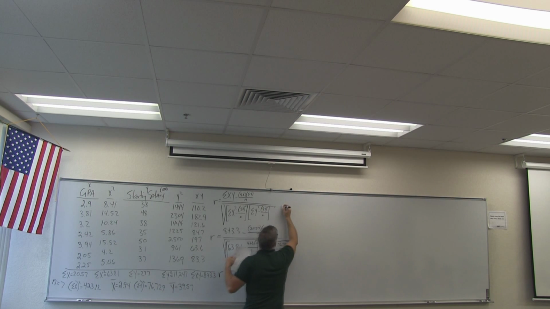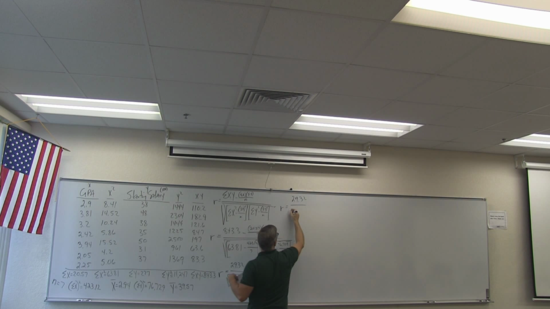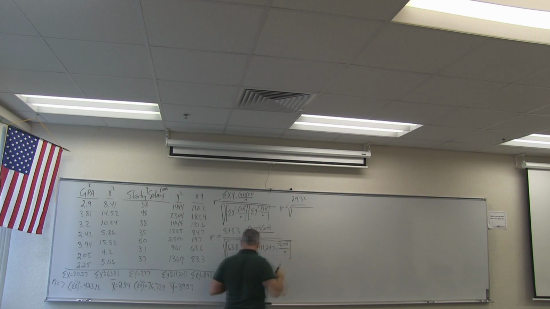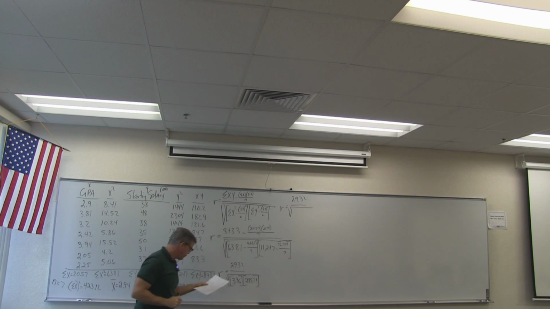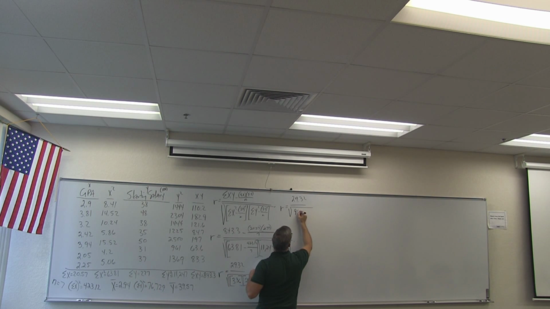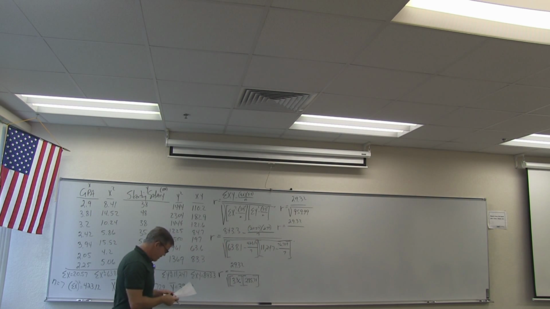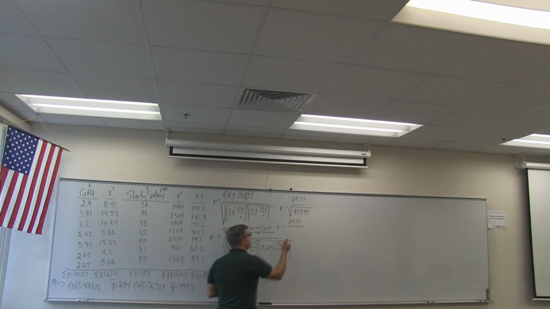Pearson R, we have this positive numerator, 29.32, over the square root of this product, this times this, 959.99. R is 29.32 over the square root of 959.99, which is 30.98.